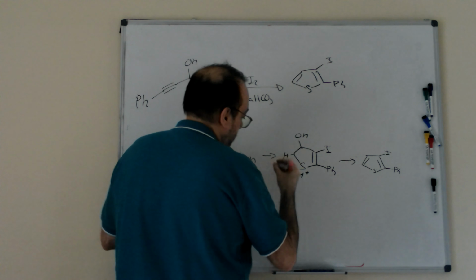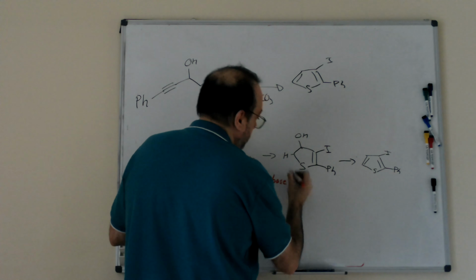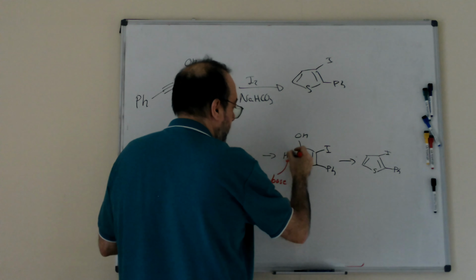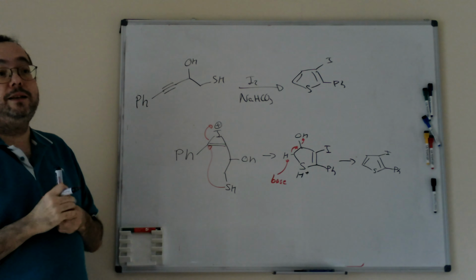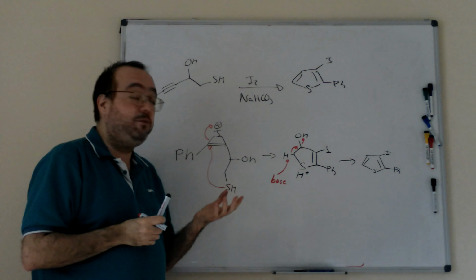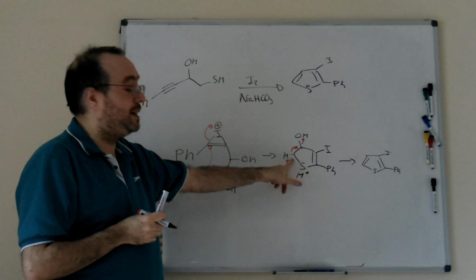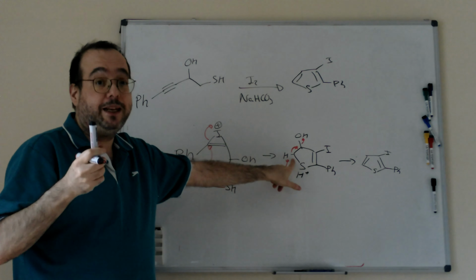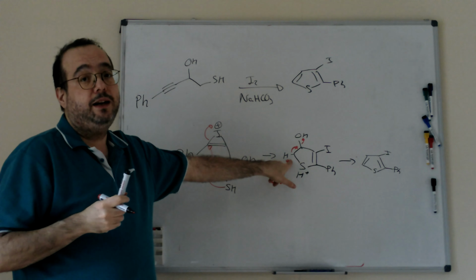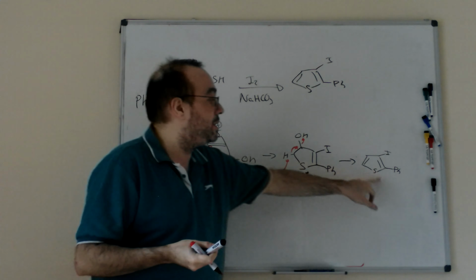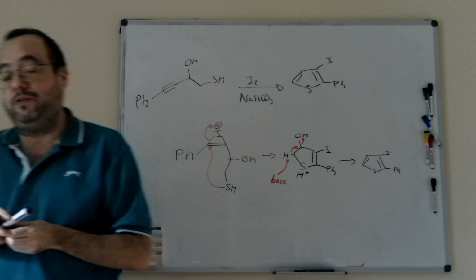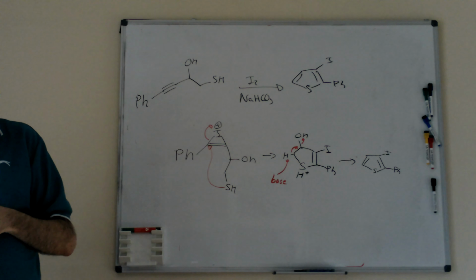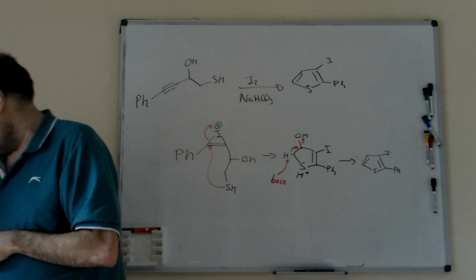The base is taking this, and basically what we are doing is an E1CB elimination. Why are we doing E1CB elimination? Because this hydrogen is very acidic. Why is it very acidic? Because when we deprotonate this hydrogen, this compound becomes aromatic. And this is how we synthesize this thiophene. Okay? Good.